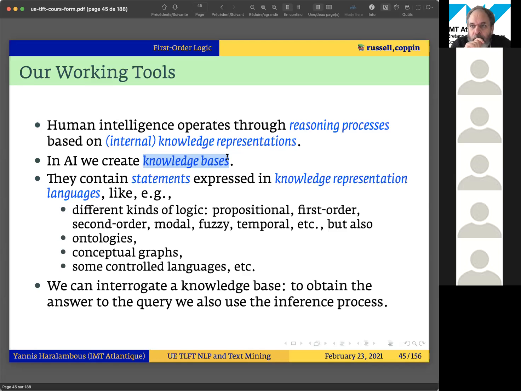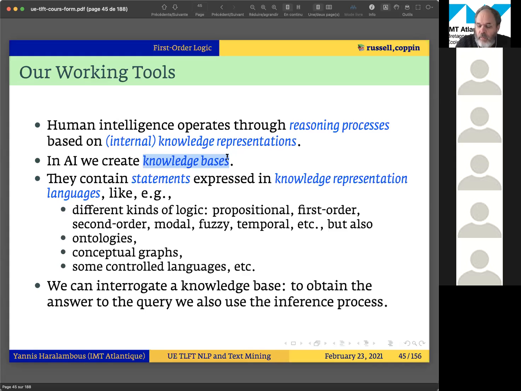explicitly in the database. If it's in a knowledge base, I can put the rule, all capitals are towns, then even though I have only the information Paris is capital of France, there is only one inference step necessary for the knowledge base to say: it's a capital, all capitals are towns, donc, therefore, Paris is a town.